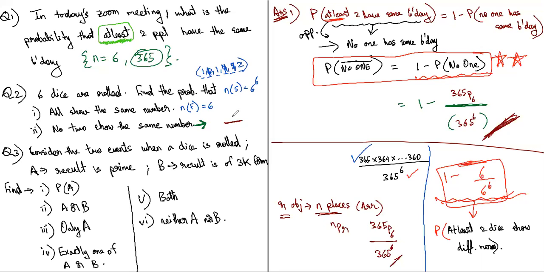Sir, can you repeat? See, no two show the same number मतलब at least 2 will show the same number. 1 2 3 1 5 6 like this, or you can have 1 1 3 1 5 6, or you can have 1 1 3 1 5 1. At least 2 should be same. All of this will be possibilities. Okay.